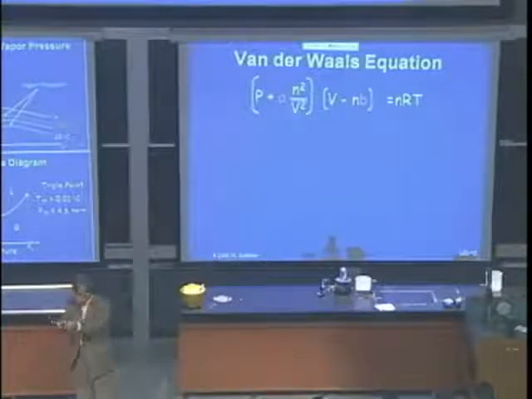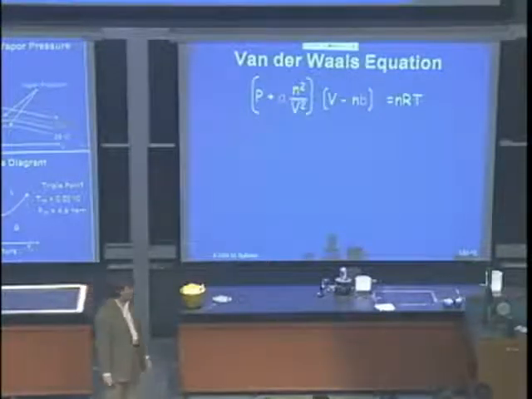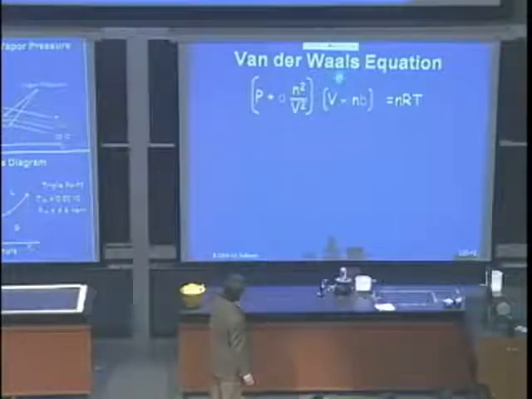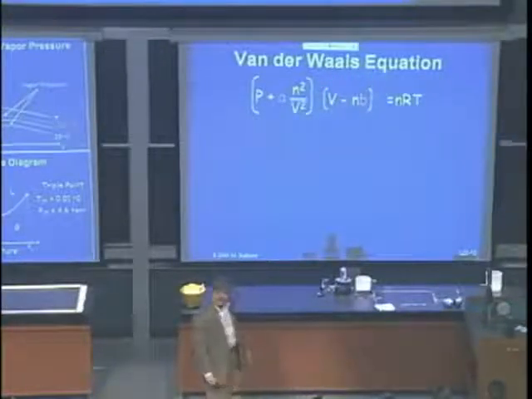You can push them far together, but you can only push them so far; you never can get zero. So this is your observed volume. You have to take the number of gas molecules times a constant, which will give you your ideal volume again.